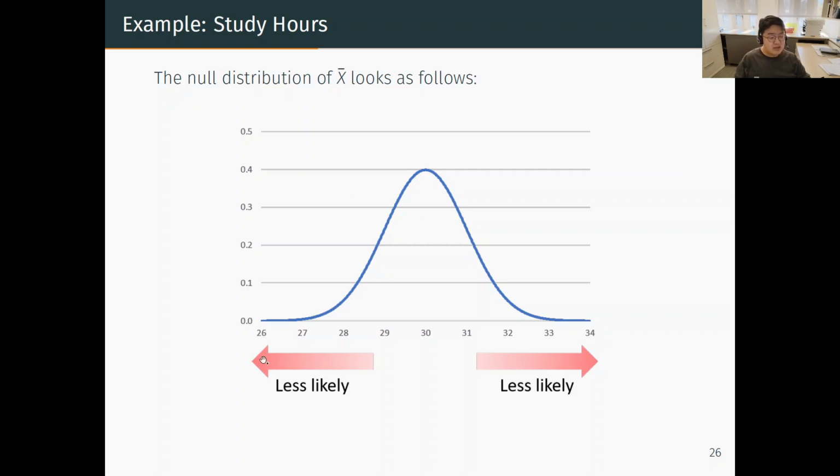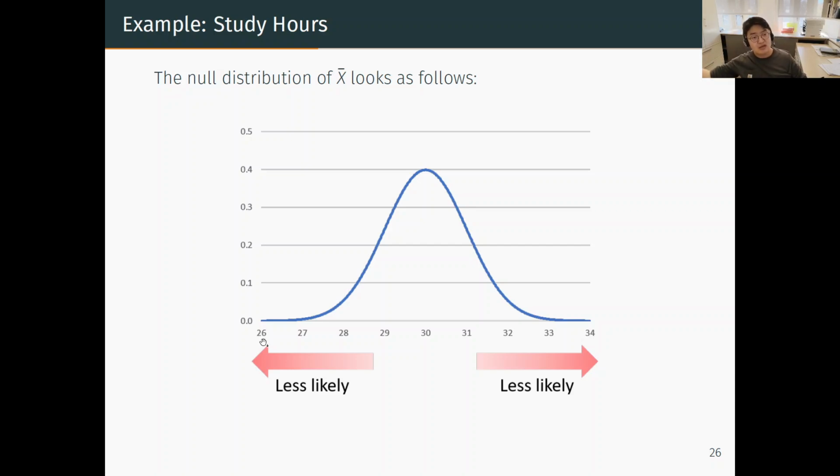So it is easy to see that this is really unlikely. Say 26 or 34, it is really unlikely if my hypothesis was true. If my hypothesis was true, 34 is really unlikely. 26 is unlikely.